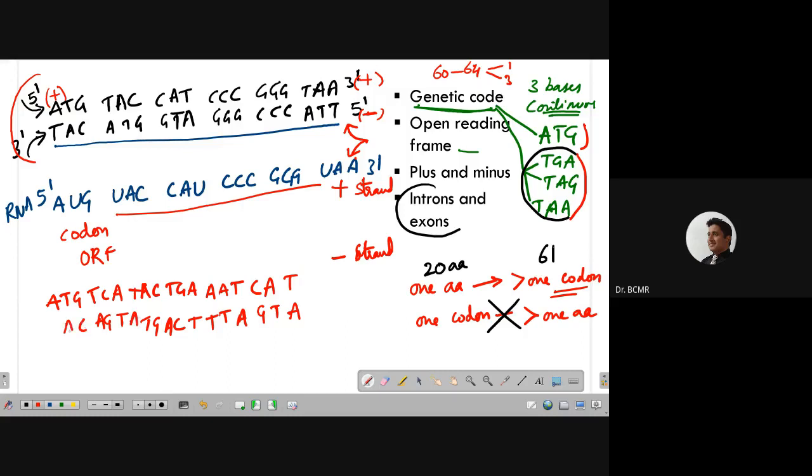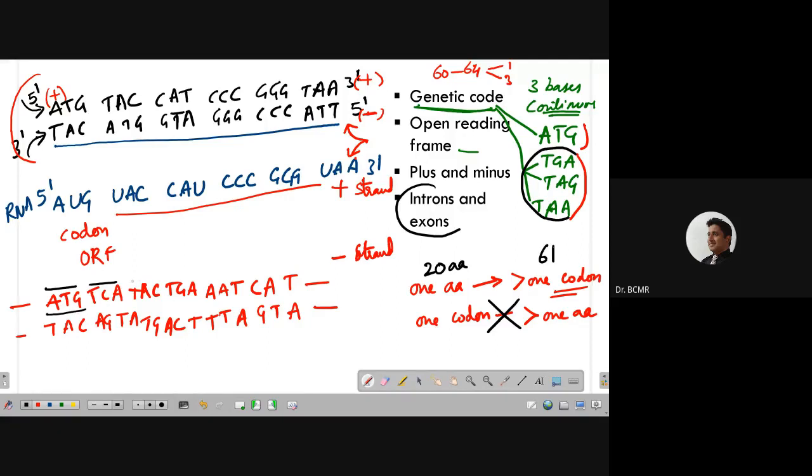So what I'm trying to do here is I created a DNA molecule, right? A sequence like this. Try to look at where you can find ORFs in this. I'm giving you a very simplistic one, so it's easy to find. One, ATG is the start codon, right?